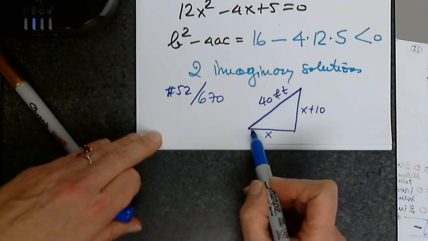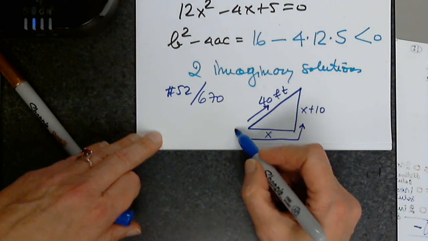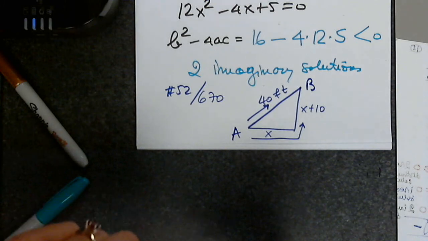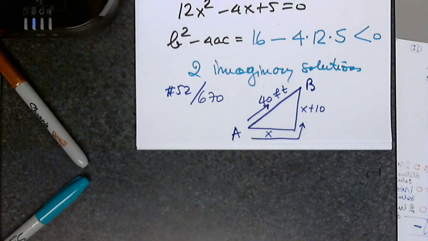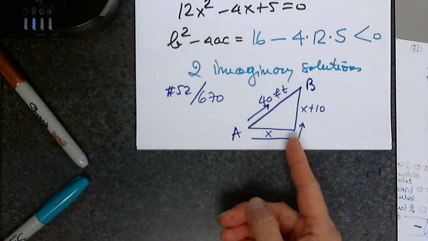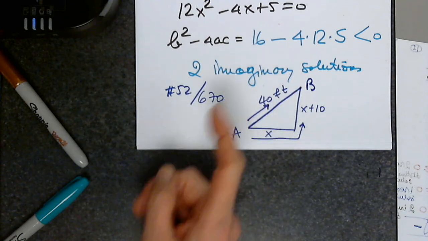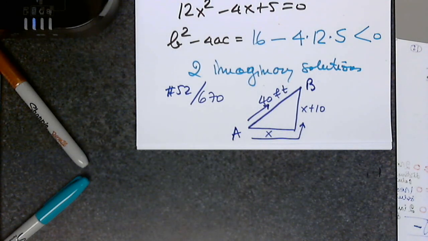So the person can do this, or the person can do this to go from point A to point B. So he can go east and north, or he can cut across the lawn and go directly to B. How many feet of walking distance does a person save by cutting across the lawn instead of walking on the sidewalk?